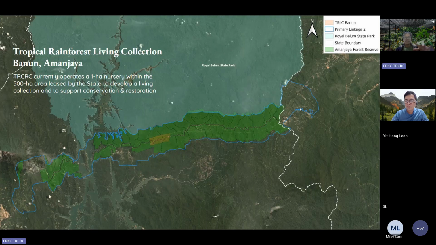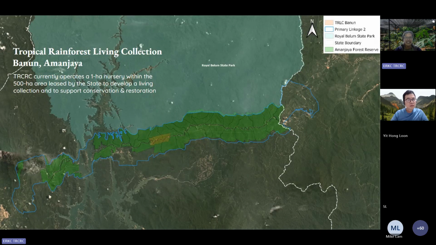So let me zoom you into the Amanjaya Forest Reserve site. As you can see in this map, this is the Belum Temenggor Forest Complex. It's one of the largest forest reserves, or patches, that you can still have in Peninsula Malaysia.